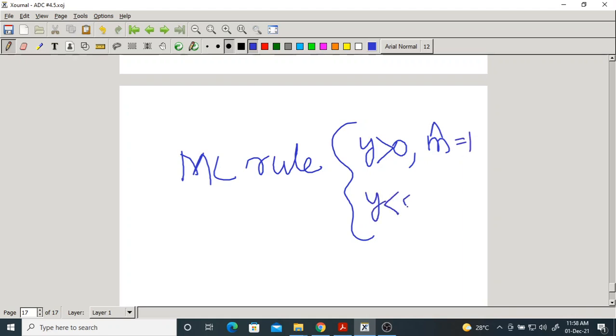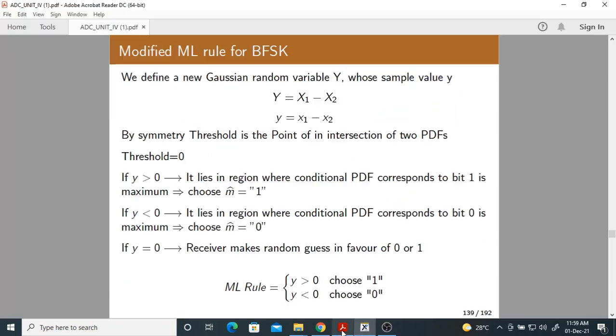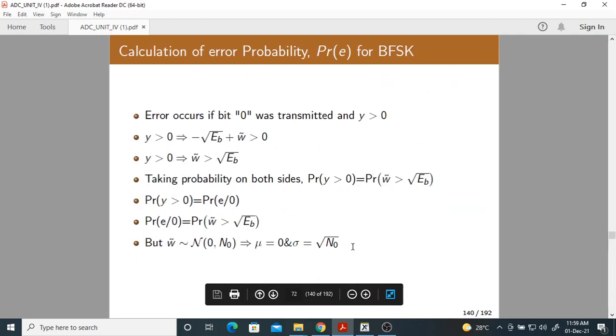If y is negative, choose m cap equal to 0. If y equal to 0, you have to guess, because it lies exactly on the threshold, so we cannot compare whether it is positive or negative. That's why we take a random guess. So that is the modified ML rule for the BFSK.